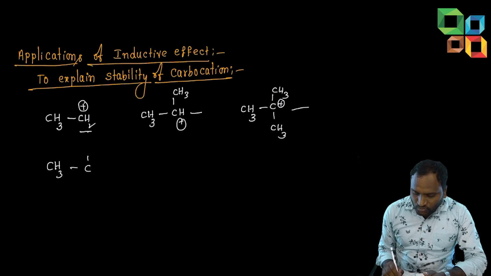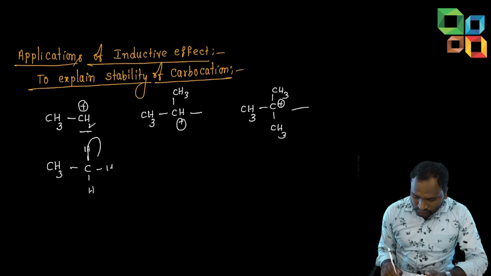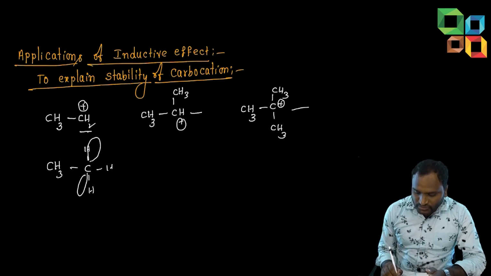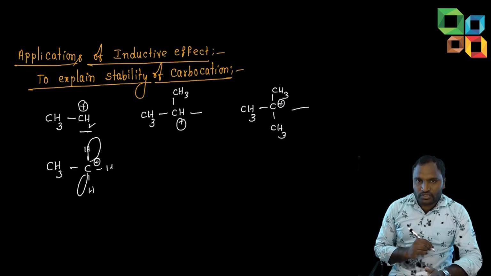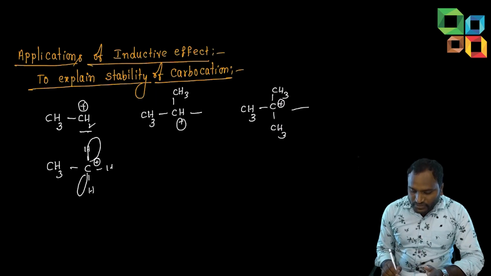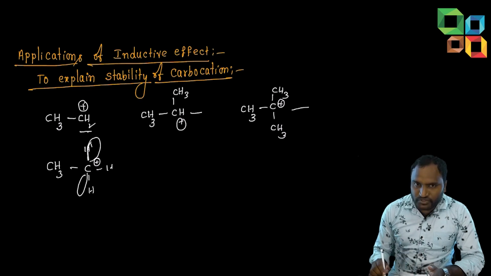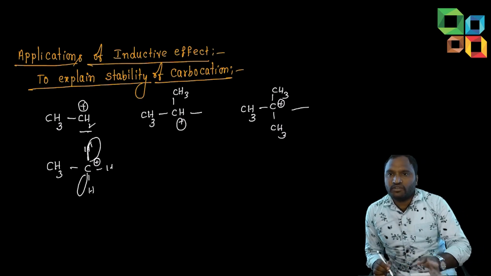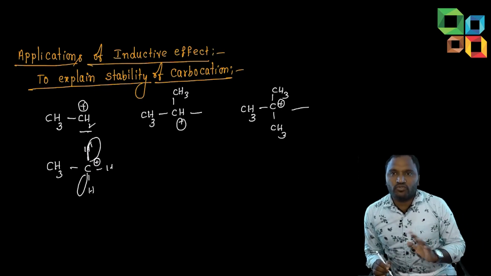Out of 4 valency, one hydrogen is there, and one empty orbital is there, so it is getting positive charge. If any group is ready to give electrons and fill this deficiency, then it will be stable. Otherwise, it won't be stable.